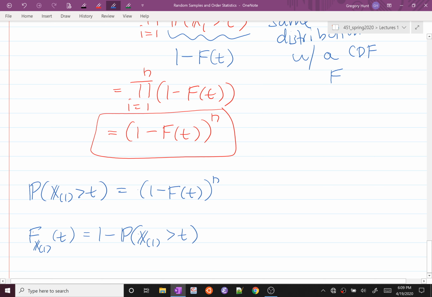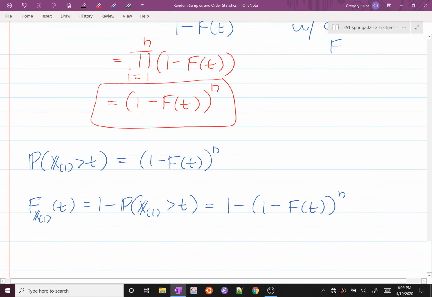So the CDF at t is the probability x sub 1 is less than or equal to t, or 1 minus the probability it is bigger than or equal to t. And we just derived what that is. So this is 1 minus capital F of t to the n. So this capital F without the subscript is just the CDF of any of the little x of i's individually. And with our subscript x of 1, it's the CDF of the minimum.